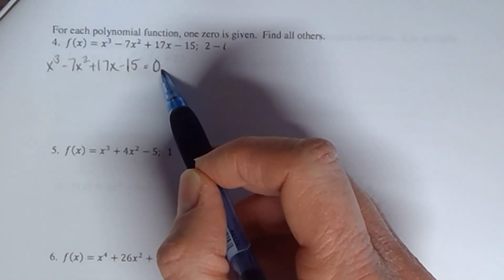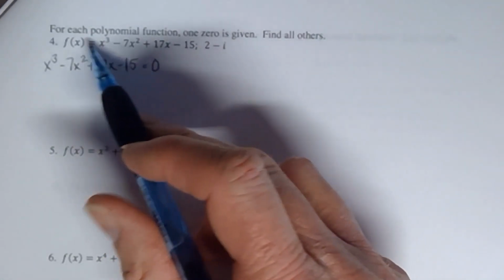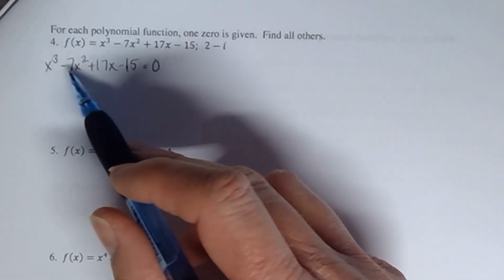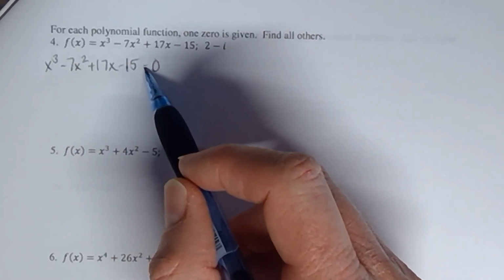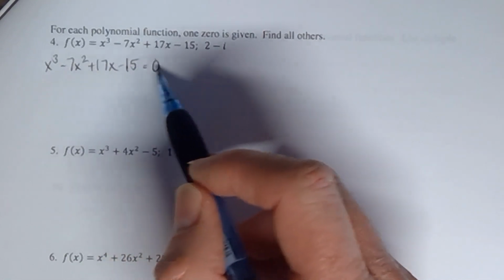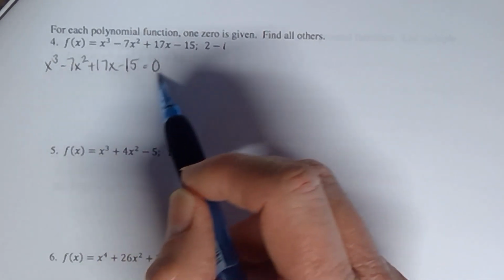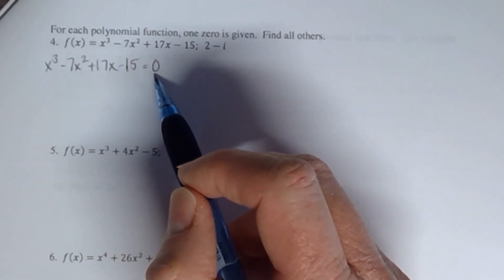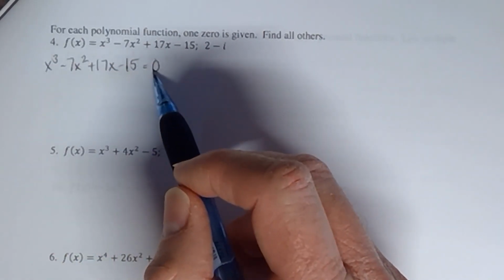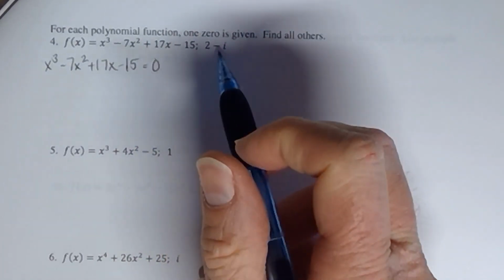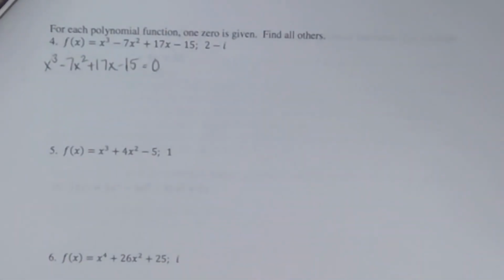So if I can solve this equation, that would tell me what x values make the function equal to 0, in other words, make this true. That's what a solution does. It makes it equal to 0.